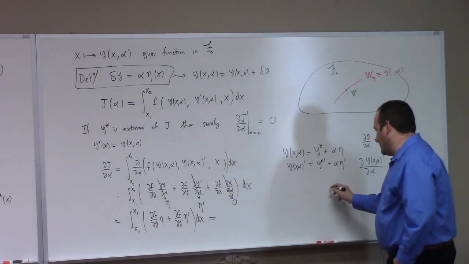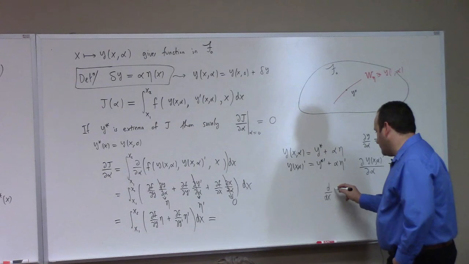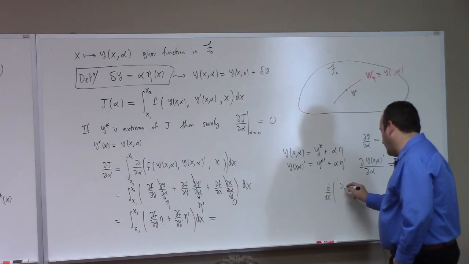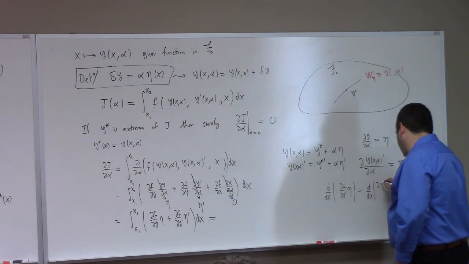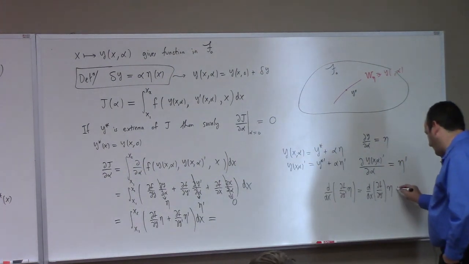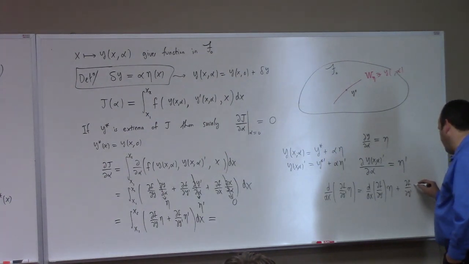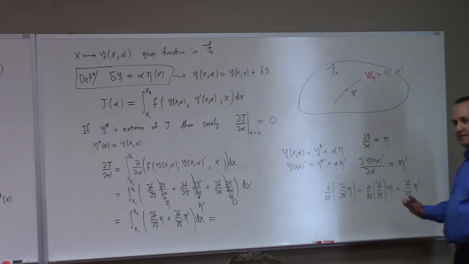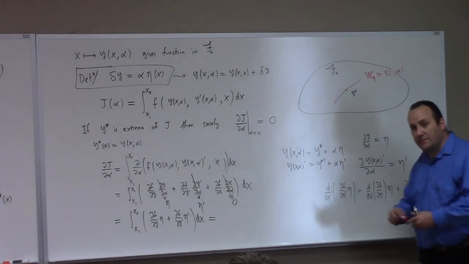How about this? What if I take d dx of partial f, partial y prime, eta? What's that give me? Product rule. d eta dx, I'm using eta prime for that. So look at this, we have this term already.